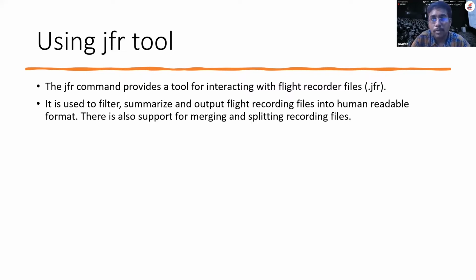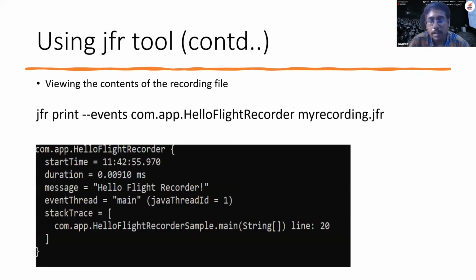Now coming to the next part, here was a command that I tried running. The command is called jfr print. This command takes a parameter with the name of the class, followed by the name of the recording file. In this case, I've mentioned the fully qualified name of my class as well as the name of my recording file.